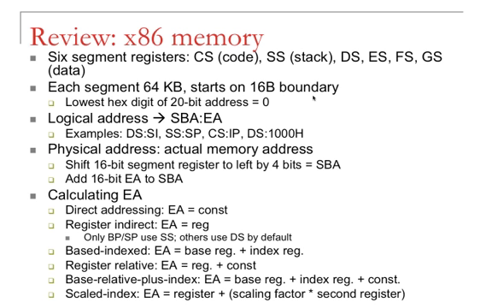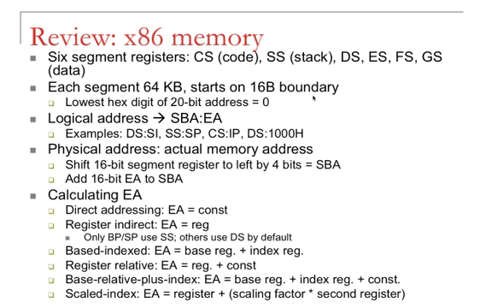The next one is based index, where you have 2 elements that you add together: one is the base register, and the other one is the index register. For example, in this category you will probably see something like bracket BP plus SI. This is an example of a base register and an index register.